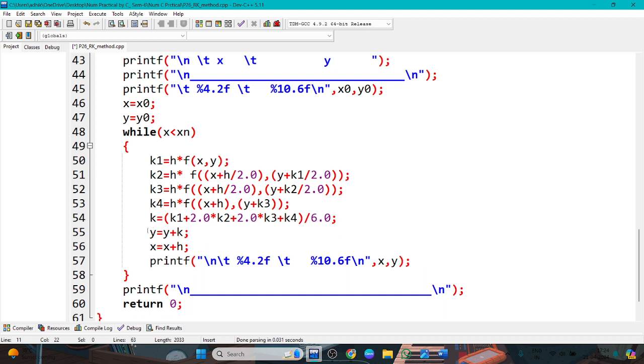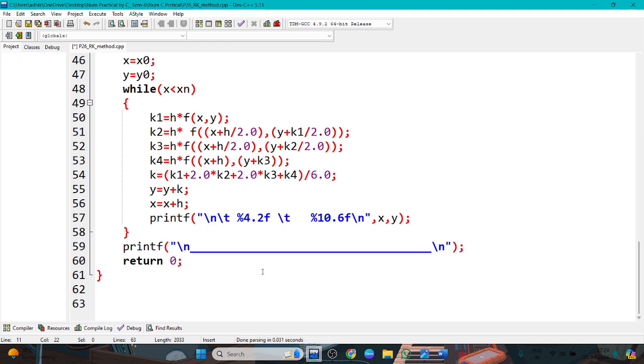Now new value of y equal to old value of y plus k, and new value of x equal to old value of x plus h. Now print this x and y and return 0. This is the program.